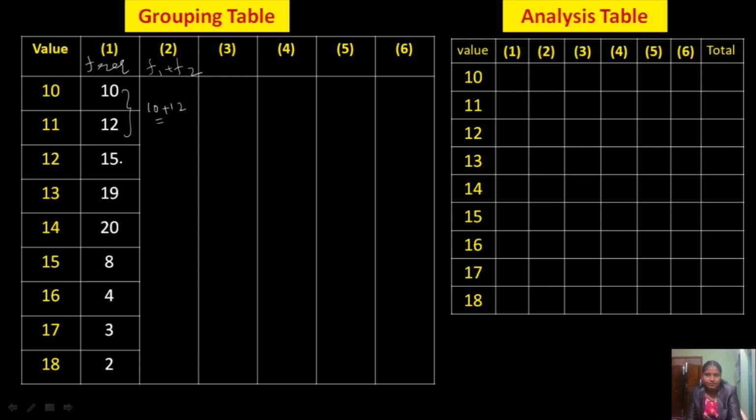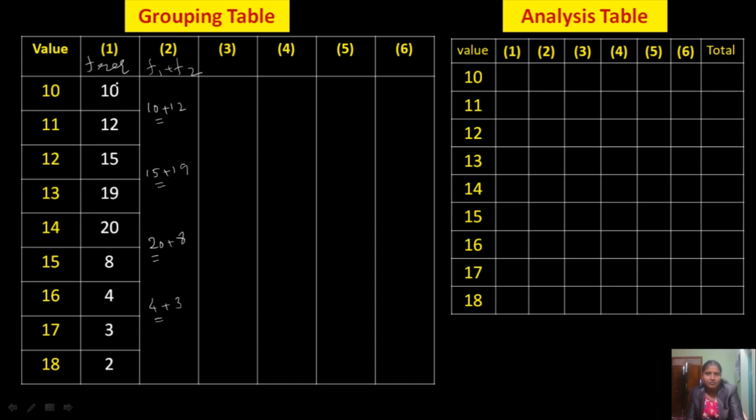Then add 15 plus 19, to be written in the center of these two values. Then 20 plus 8, written in the center of 20 and 8. So 4 plus 3. We don't have any value for 2. That is, we don't have any pair for 2. So just leave it.